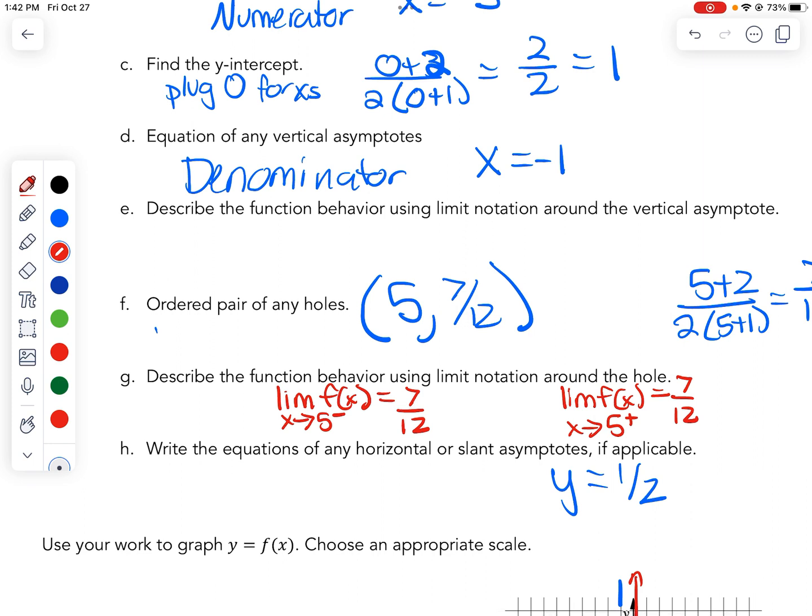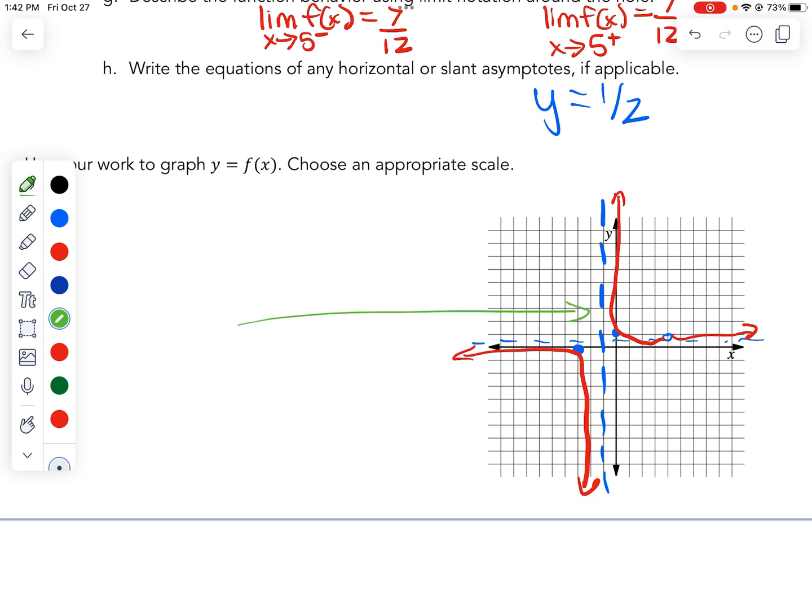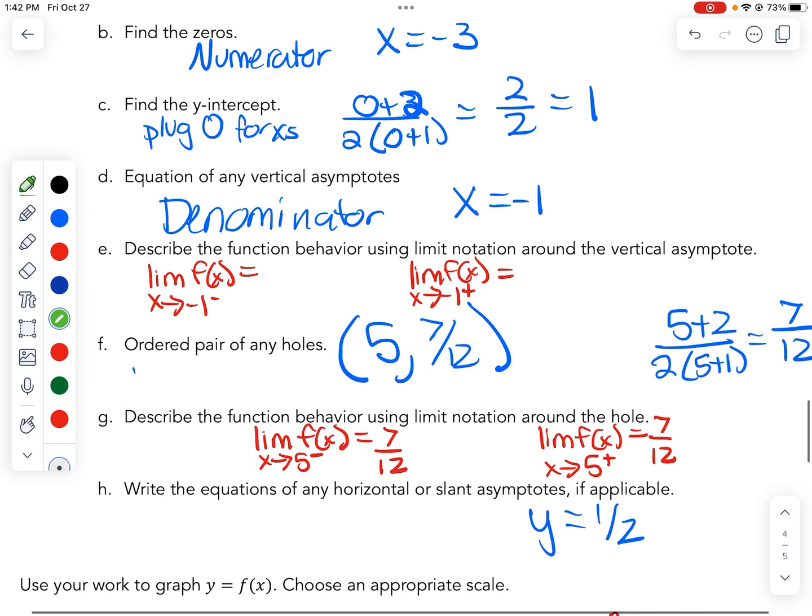And then our vertical asymptote. So the limit of f of x as x goes to our vertical asymptote of negative 1 from the left, and the limit of f of x as x goes to our vertical asymptote from the positive side. So as it goes from the left-hand side, it's going down. So that means our right-hand side, it's going up.